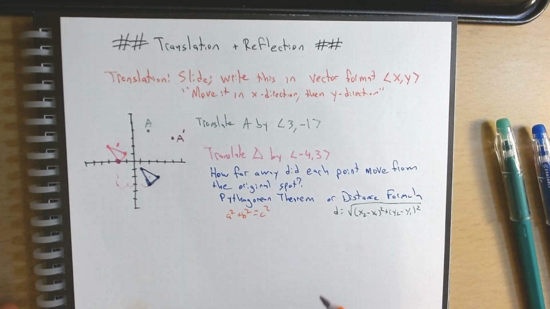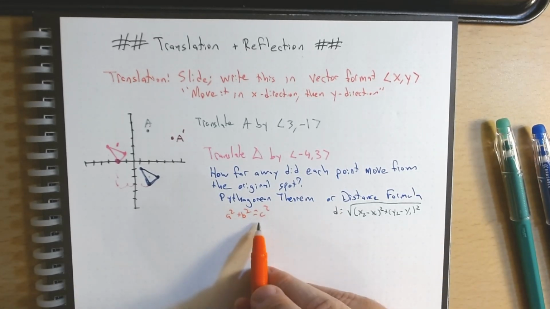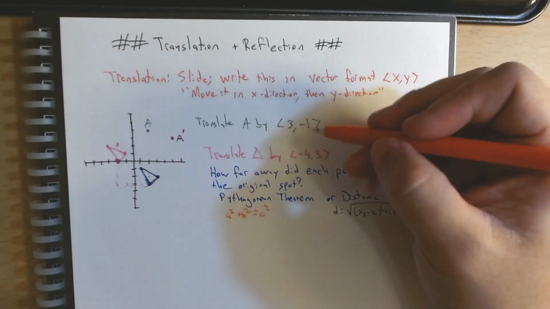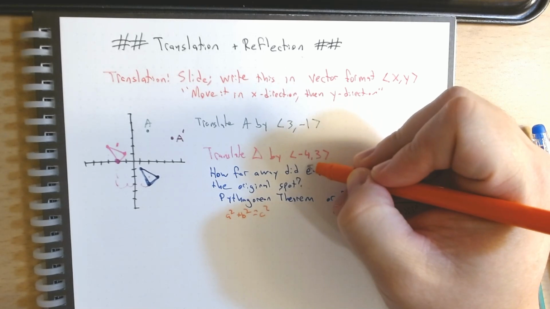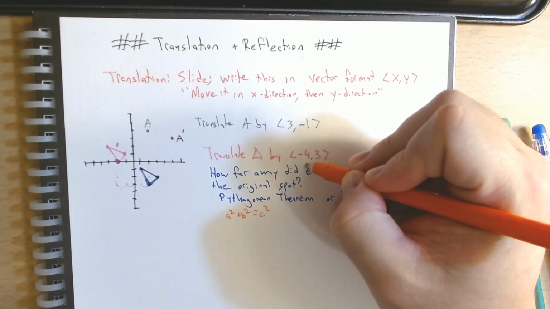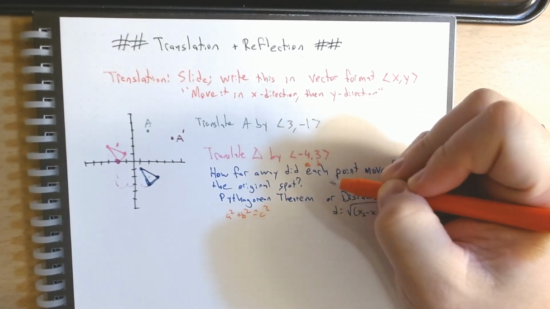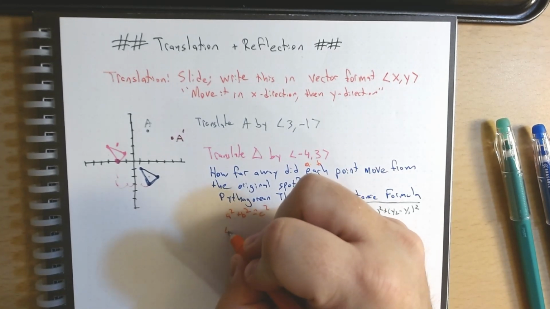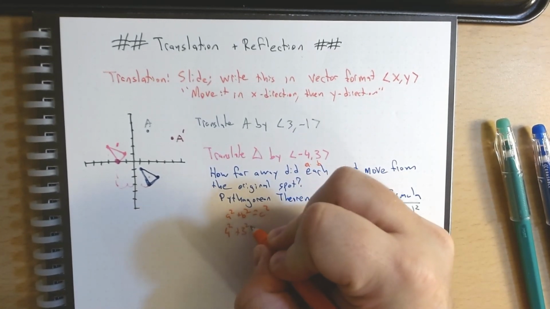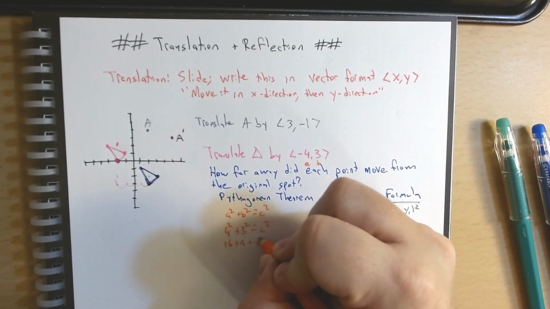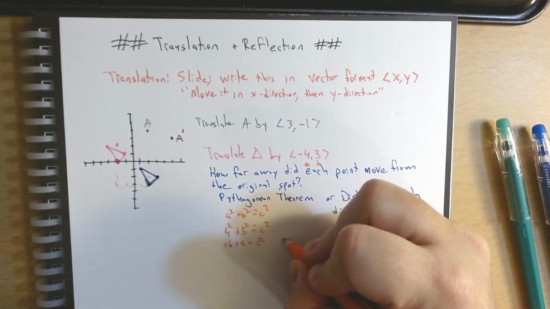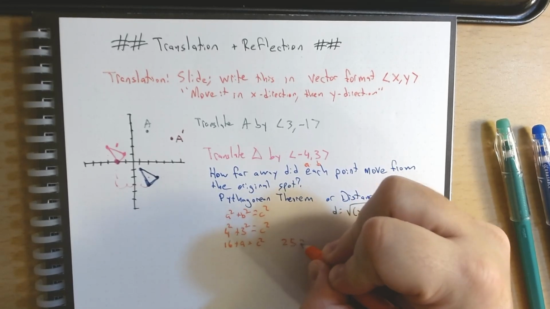So if you're going to use the Pythagorean theorem, literally you just take these two numbers as a and b. And you don't even have to worry about positive or negatives. So I would just do 4 squared plus 3 squared equals c squared. 16 plus 9 equals c squared. Then you get 25 equals c squared.